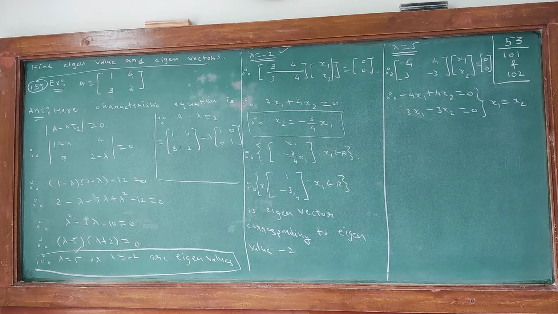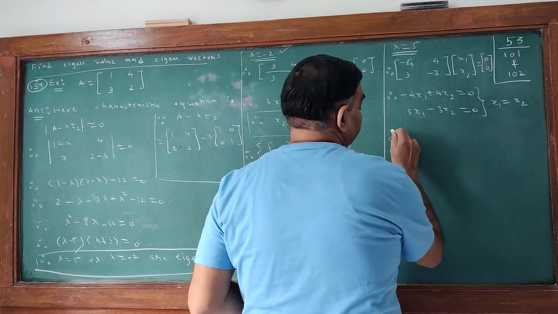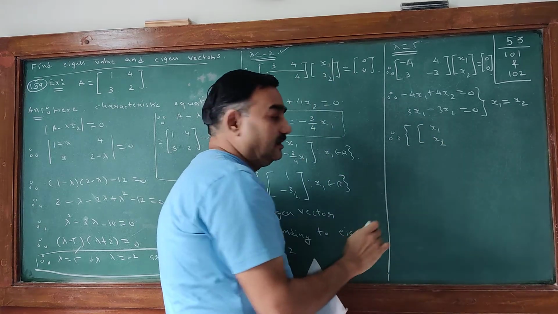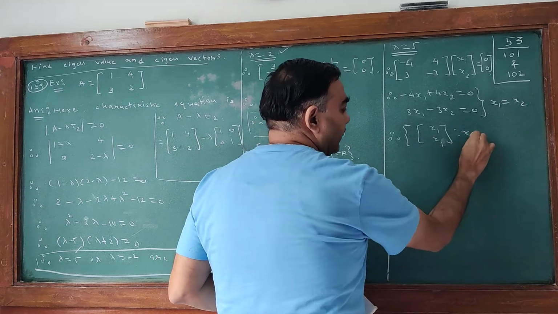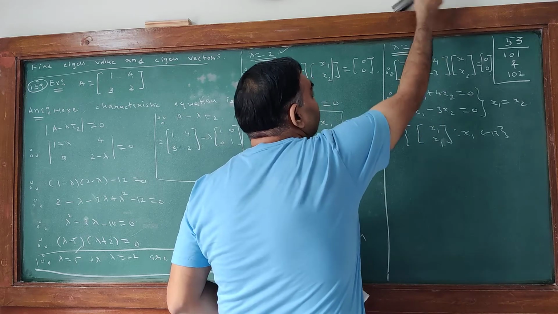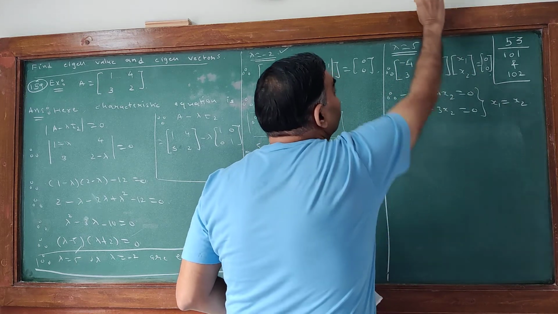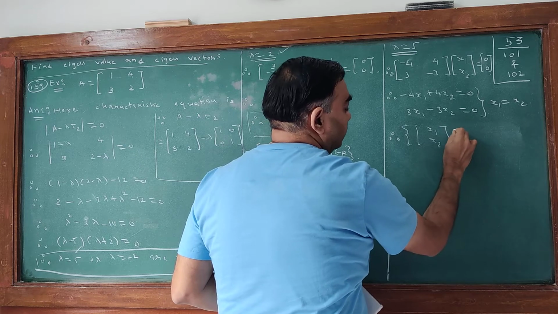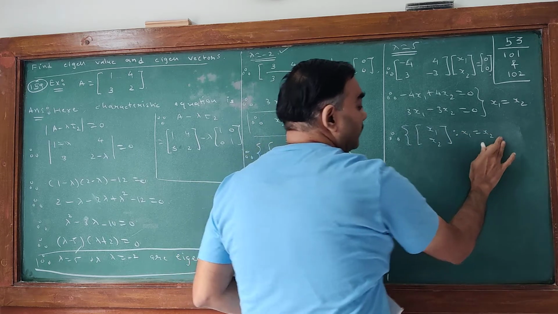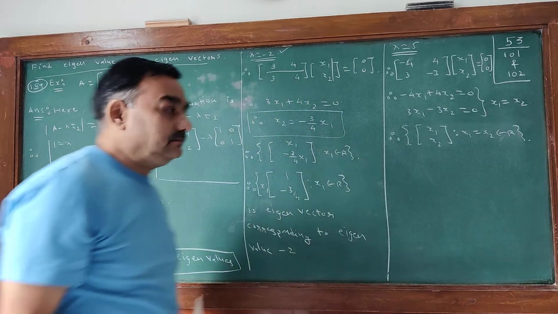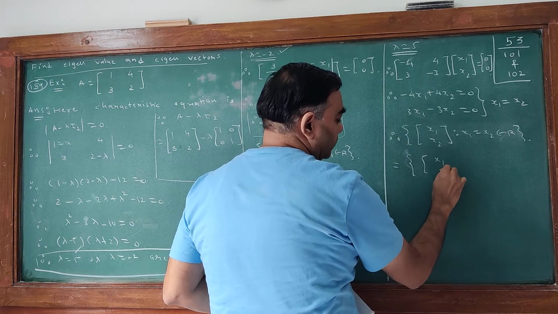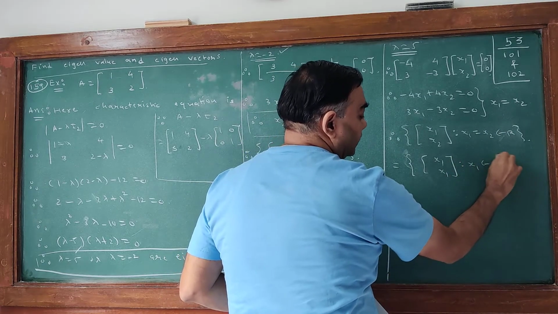And therefore [x1; x2], where x1 equal to x2 and both are real numbers, is equal to [x1; x1], where x1 is a real number.